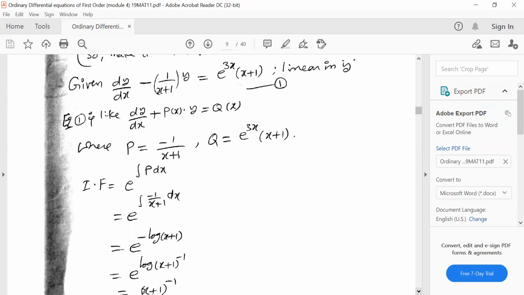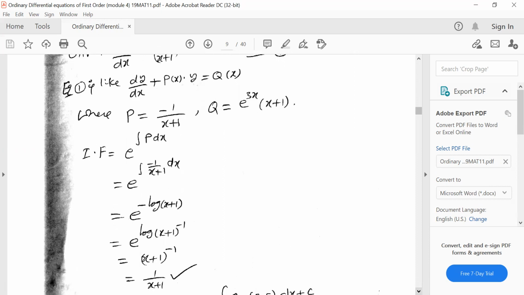Then according to the procedure, there are only two steps. First one is the IF, integrating factor, and second one is directly writing the solution. So what is IF? e power integral p dx. It is e power integral of minus 1 by (x plus 1). So the integral of minus 1 by (x plus 1) is minus log of (x plus 1).